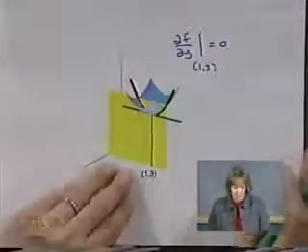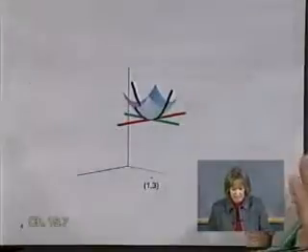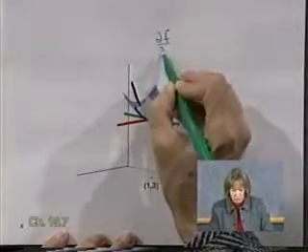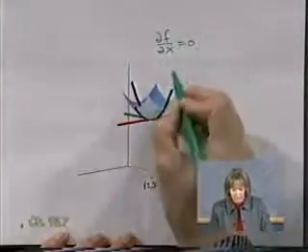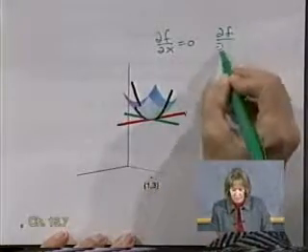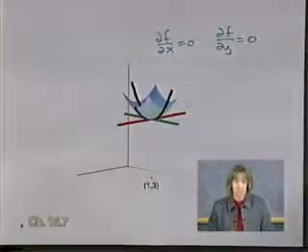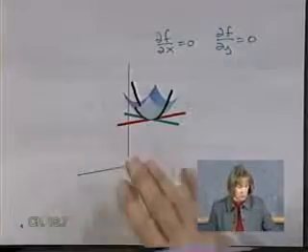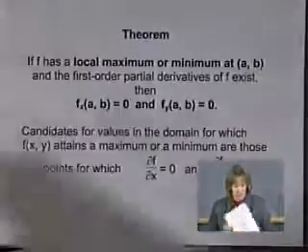So our candidates for max and mins are going to be those for which the partial of f with respect to x is 0, and the partial of f with respect to y is equal to 0. We have a nice little theorem here which summarizes that.